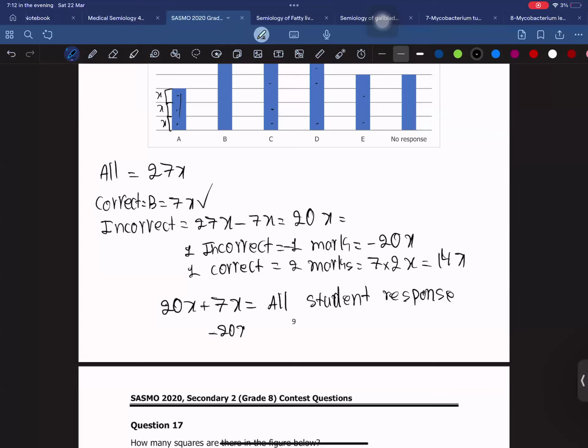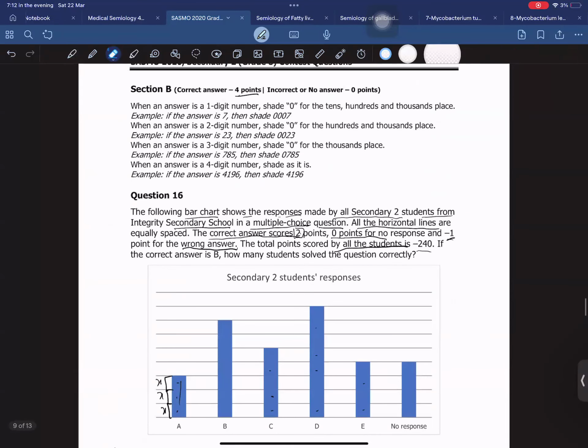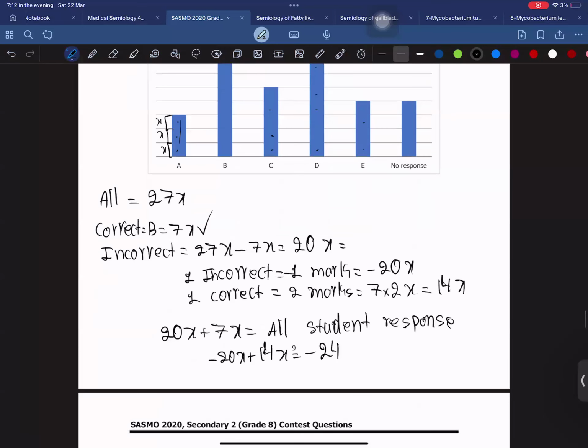So minus 20x plus 14x equals minus 6x, and the problem told us the total is minus 240.